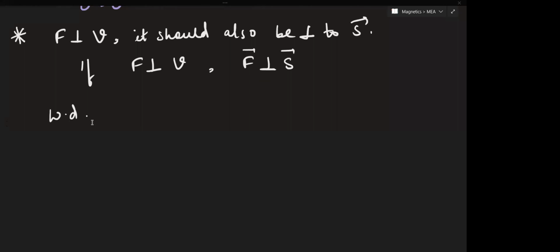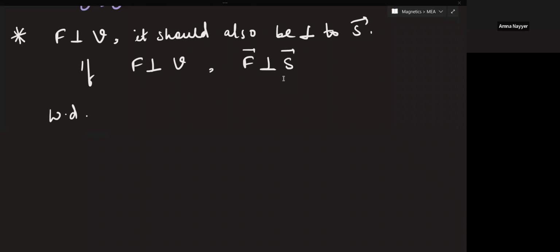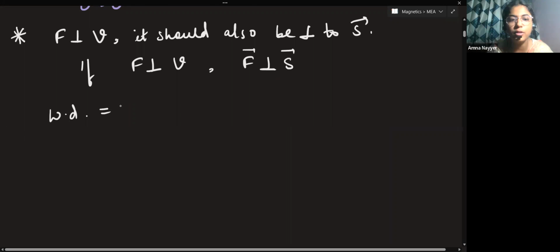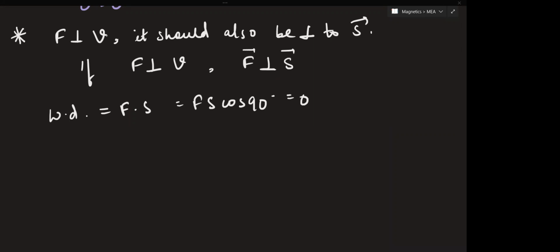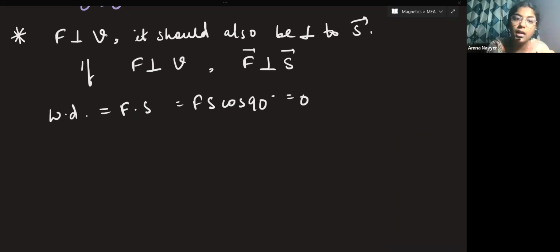See, work done's formula from your earlier classes, you must have done this. This is F dot S, that becomes F s cos theta. Here theta is 90 degree. Cos 90 becomes 0. So here also, the work done is F s cos 90 degree, this will be 0. And if such a condition occurs, then your initial kinetic energy will be equal to the final kinetic energy.